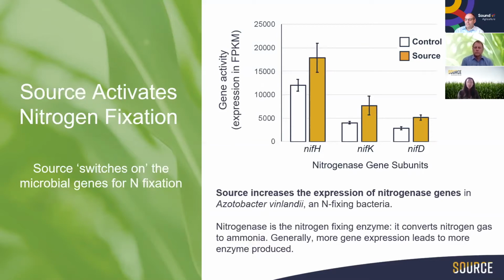And generally, it can be said that more gene expression will lead to more enzyme produced, which is a potential for nitrogen fixation. So in the presence of SOURCE, you see that gene activity of those 3 known subunits increasing, indicating that the potential for nitrogen fixation is increased in the presence of SOURCE, indicating SOURCE switches on these microbial genes for nitrogen fixation.